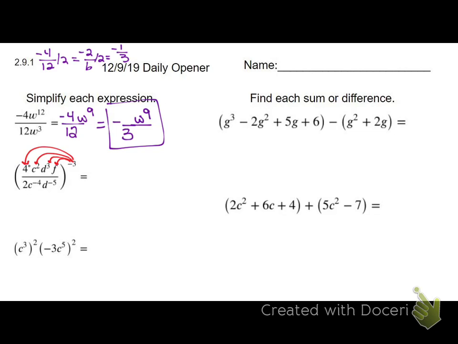I multiply my exponents. So I'm going to multiply my exponents for C and get what? Negative 6. Then what about for D? Negative 9. And F? Negative 3.